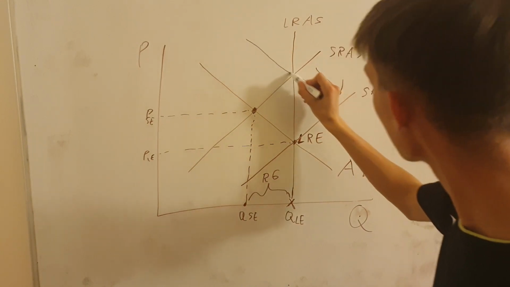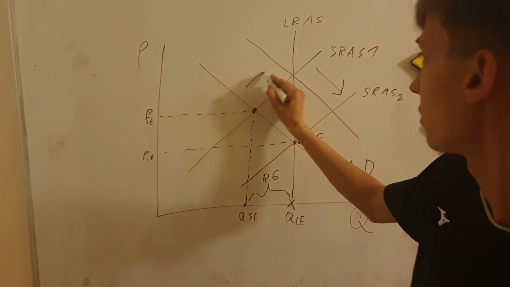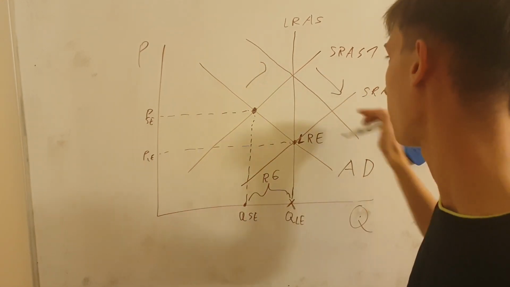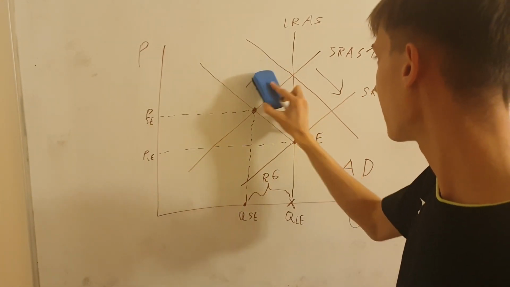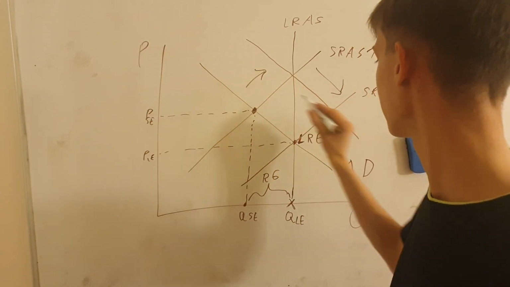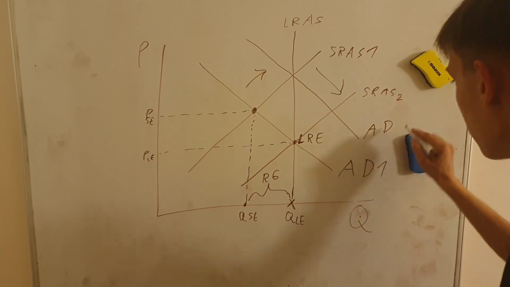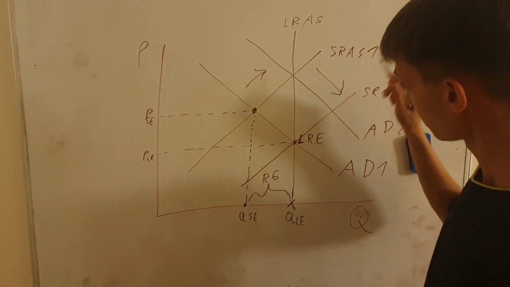Or another solution is probably policy by the government. This is usually done with the policy of the government. And what this basically means is demand is raised. So let's say aggregate demand goes from 1 to 2.